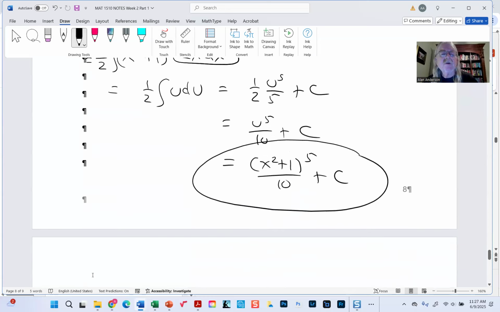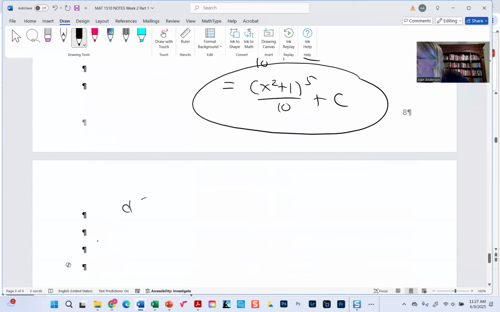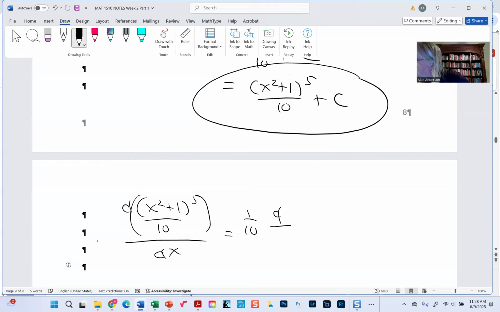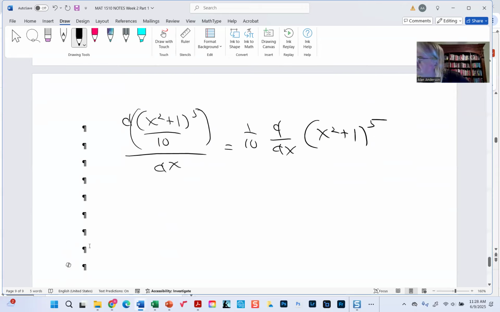And you know what? I'll tell you what, in this case, why don't we go ahead and differentiate it? And we can move the 1/10 down here. By the chain rule. Okay, so let's gather up some of these terms.